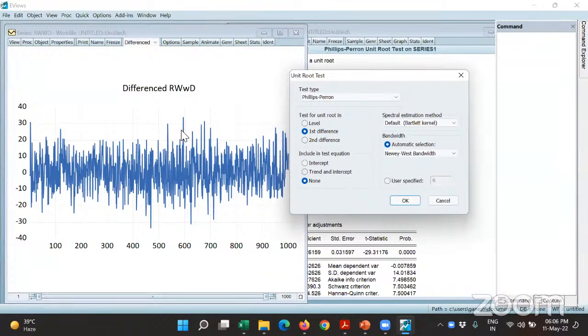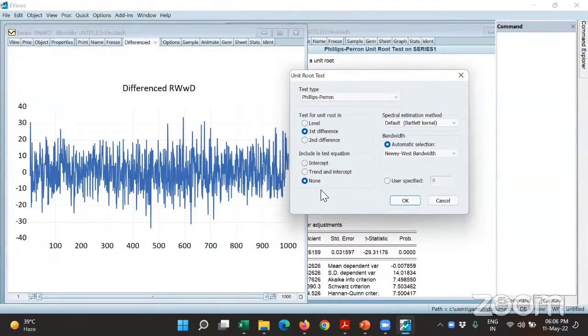If you think that there is no intercept, and all observations are hovering around the value 0, you can opt for none. But if these observations vary around any number other than 0, then you have to necessarily opt for the intercept. So you need to make a choice accordingly.